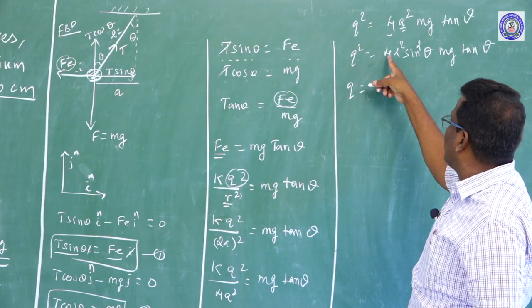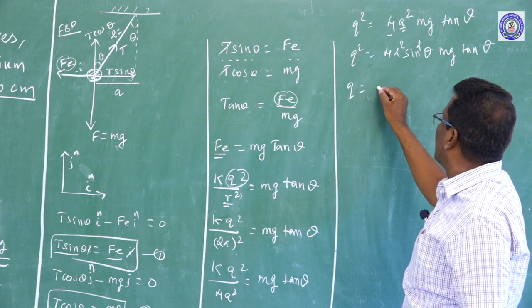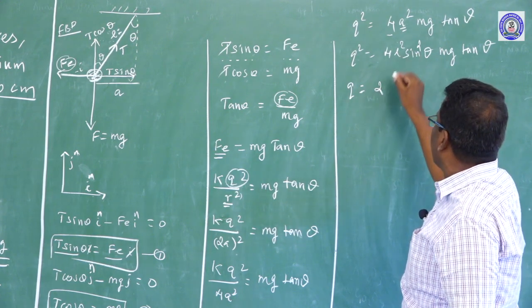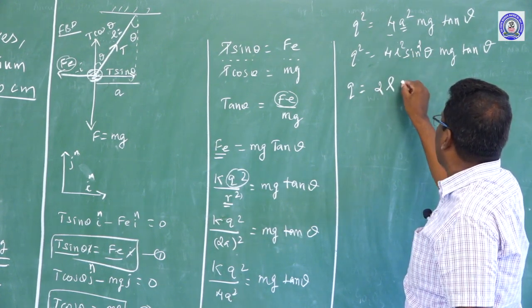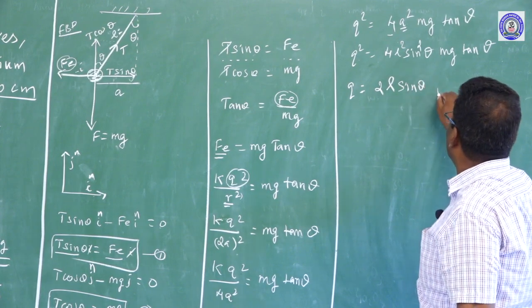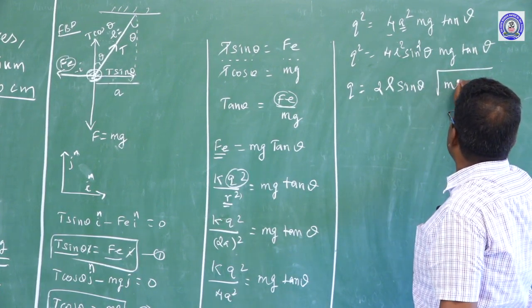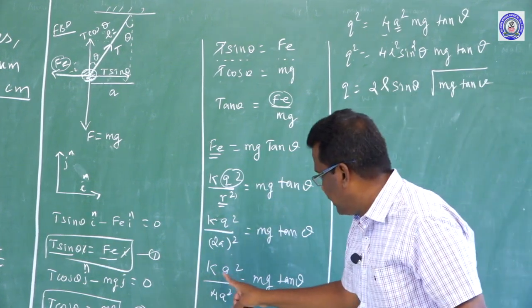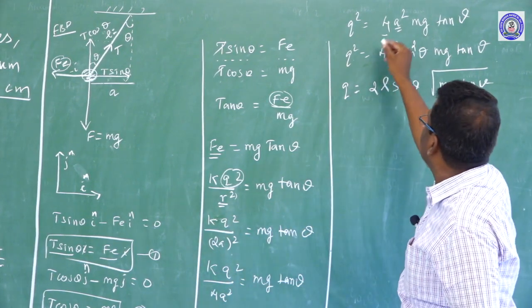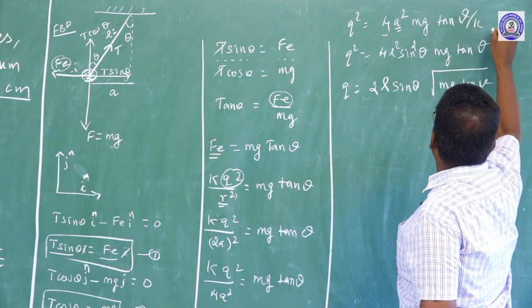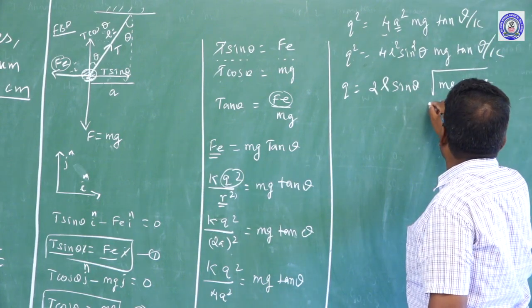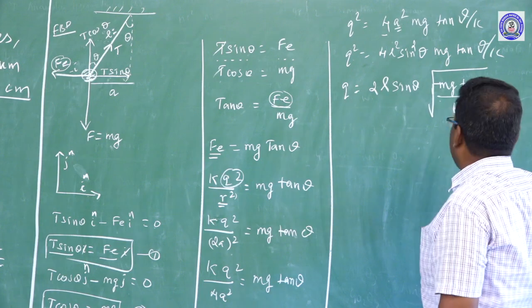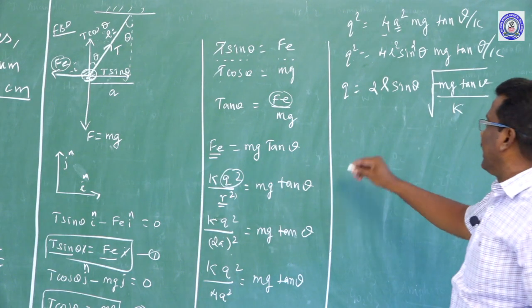When taking the square root, from the outside of the root 4 becomes 2, L, sin theta, root of mg tan theta by K. Now substitute the values.